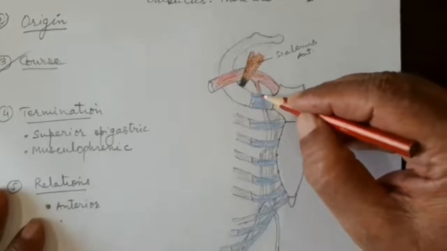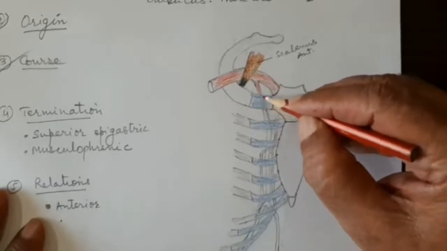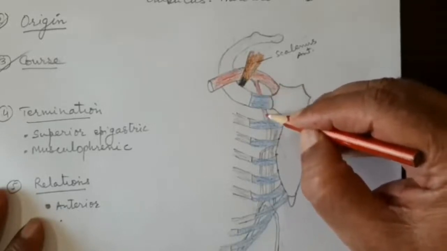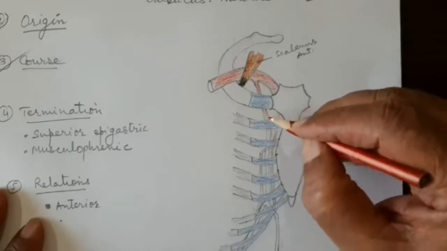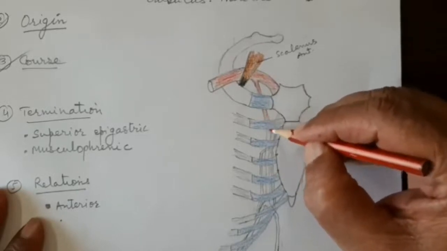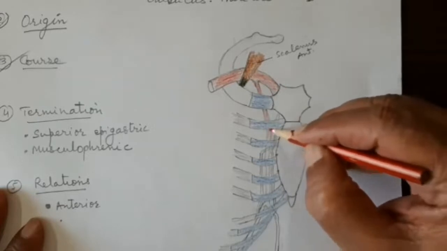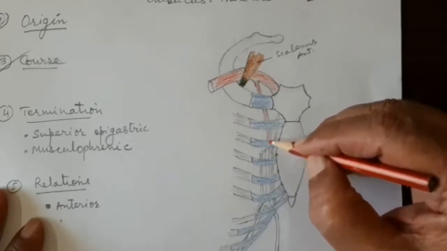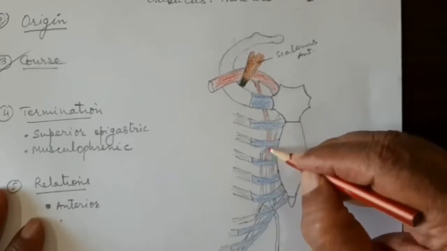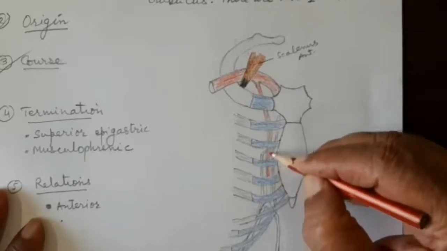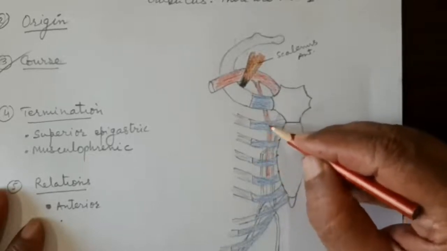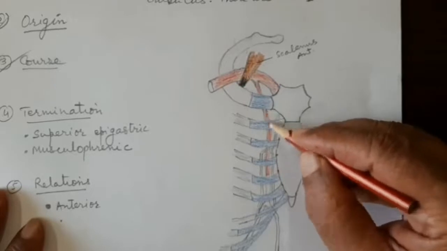Then it will go deep to the first costal cartilage, and then it will run from the first intercostal space down to the sixth intercostal space. It will run vertically downward. See this as I am drawing the artery here.